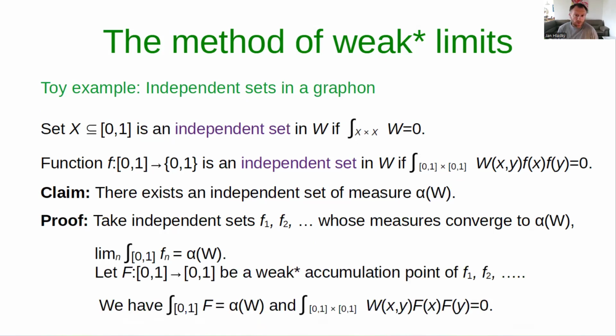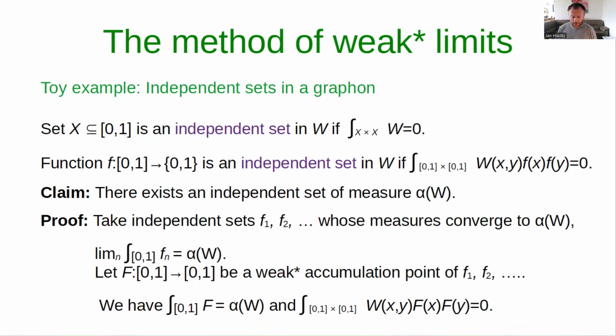And by Banach-Alaoglu, this sequence has a weak star limit, or at least a weak star accumulation point, which we call capital F. Note that F takes values in the interval [0,1], not just the values 0 and 1. That can happen. We had it in the example of Rademacher functions, where each function would only take values 0 and 1, but somehow we got this additional value of 1/2 in the weak star limit.